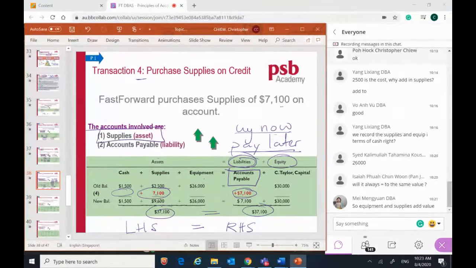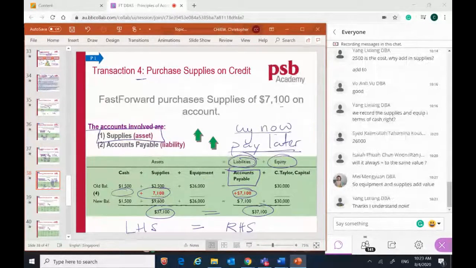Get the idea? Okay. So question, do equipment and supplies add value? Yes. Whenever you buy equipment, you buy your supplies, the value will go up. Okay. So this is how it works. Any questions?